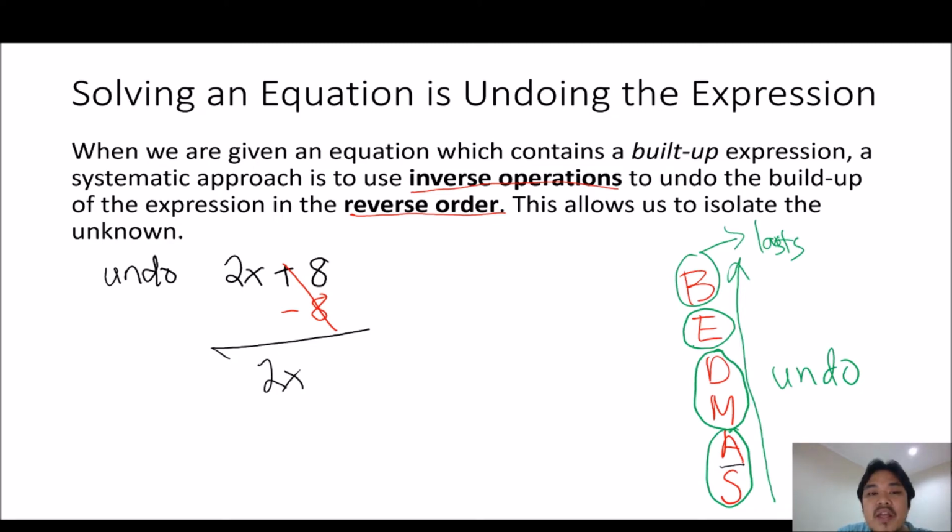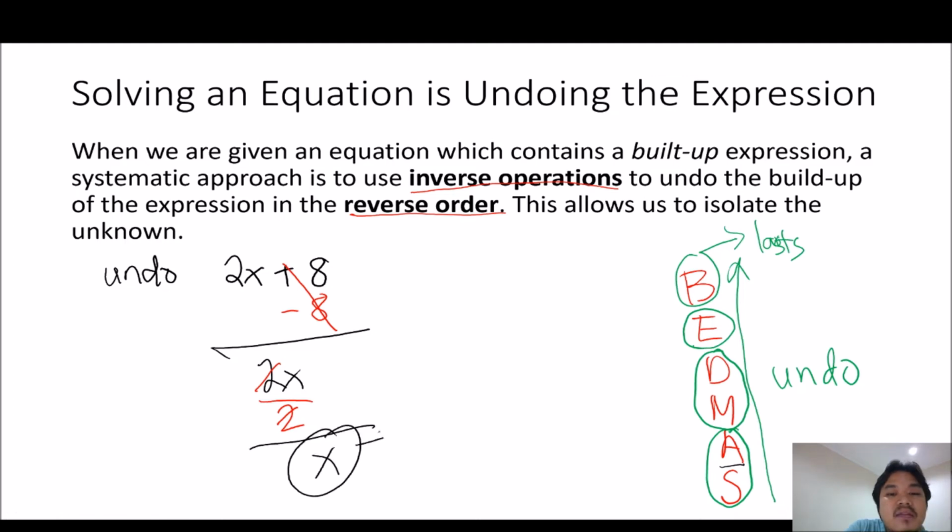After undoing addition, we will undo operations involving division and multiplication. Since 2x means 2 multiplied by x, we will undo multiplying by 2 by dividing by 2. So 2 over 2 is 1, so we can cancel this. That leaves you x.